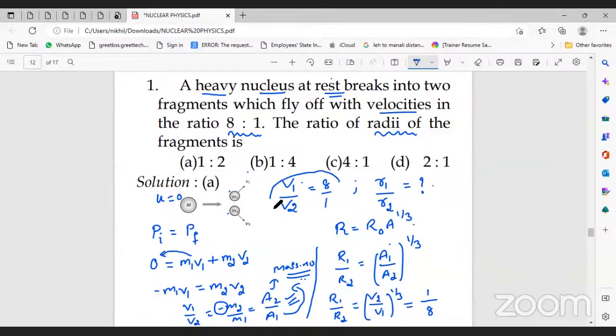V1 by V2 is 8 by 1, but we are doing V2 by V1, so it is 1 by 8. Whole power 1 by 3. So what is 1 by 8 whole power 1 by 3? Cube root of 8 is 2, so it is 1 by 2. So if the velocities are in the ratio 8 is to 1, the radii must be in the ratio 1 is to 2. So which is the right option? Option A.